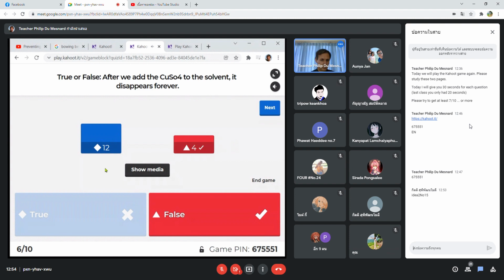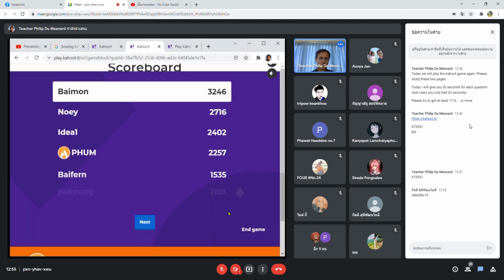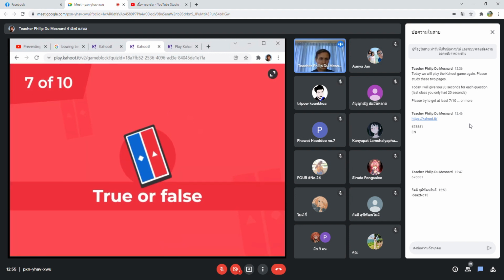Most students have the right answer. So the answer is true. Very good. Good job. Someone has a little flame. I don't know why. The position doesn't really change, but Pokpong is moving up. Good job, Pokpong. Next question.